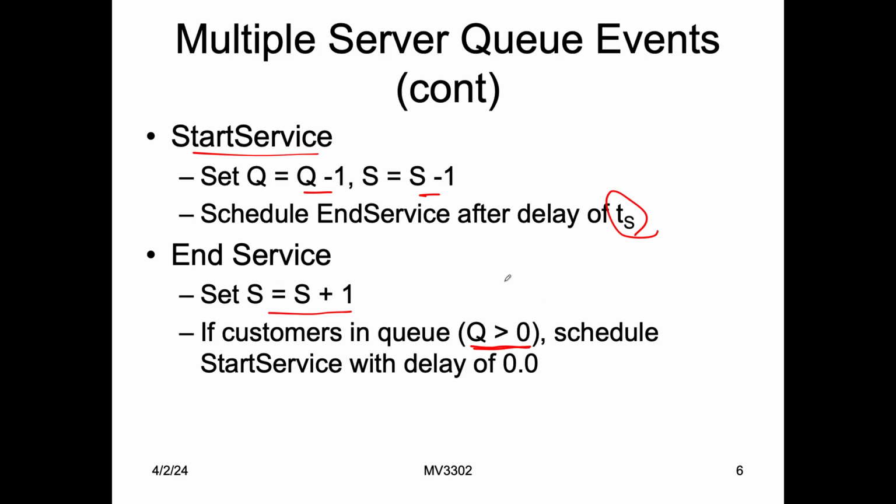So if nobody's in the queue and you're a server that just finished somebody, there's nobody else waiting, what do you do? You check your Instagram. Basically, there's nothing to do. In other words, there's no event that you actually schedule, because you're just sitting there until the next arrival, and in that case you'll have to serve them. Okay, and that's the model.